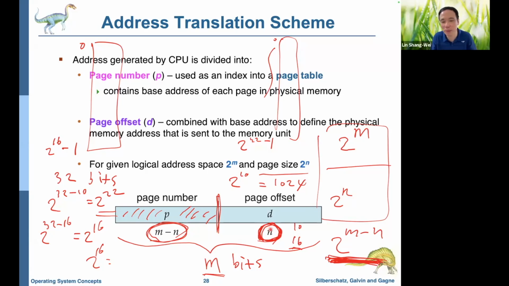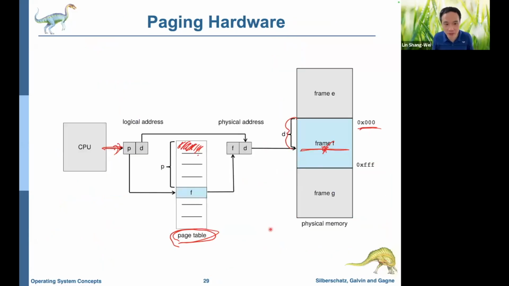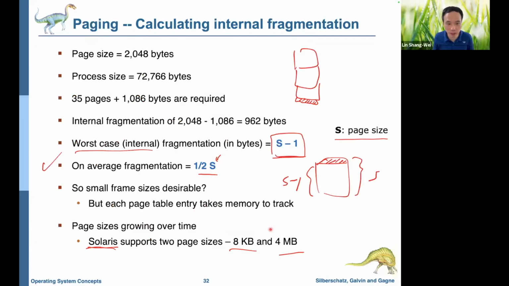But if you have a bigger page size, your internal fragmentation, remember, will be half of your page size. So it's kind of a trade-off. Any question here? I hope I have clarified your questions.